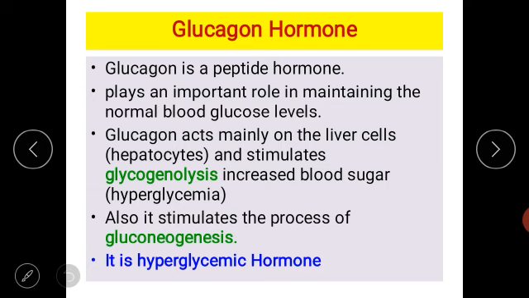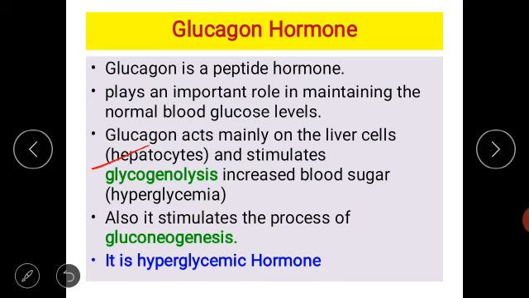Glucagon acts on the liver cells, also called hepatocytes. Glycogen is a storage polysaccharide, a storage of food, and it is broken down into simple glucose, and then the decreased blood sugar level is brought back to normal.